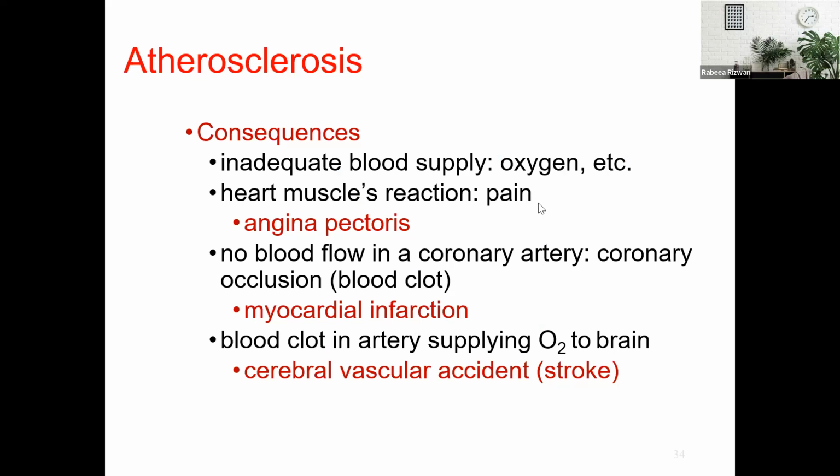That part of the organ, like the heart muscles, what happens? At that part, the person will start to feel pain, like angina pectoris. Then, if it is not treated or gets worse, it can lead to myocardial infarction. It means cardiac infarction, ischemia because of no oxygen to the heart. Why? Because no blood to the heart.